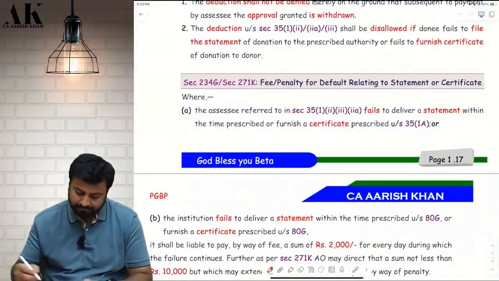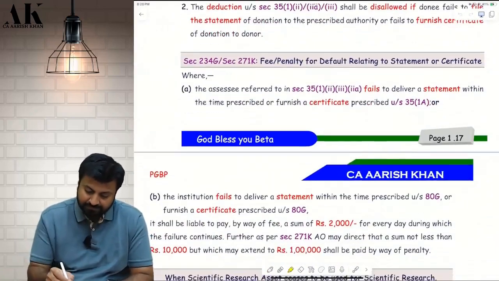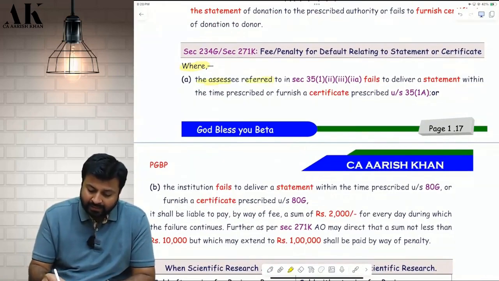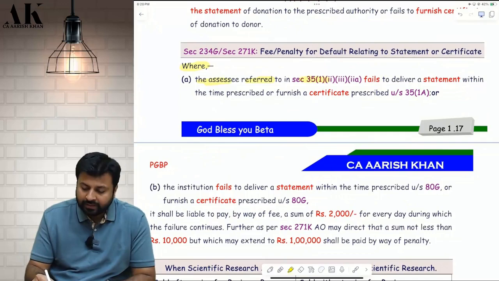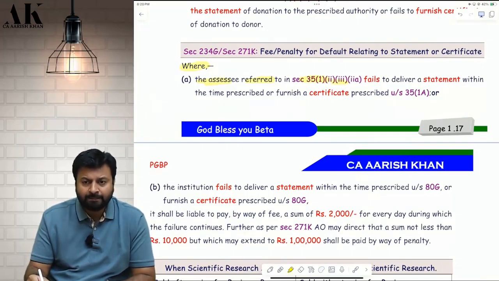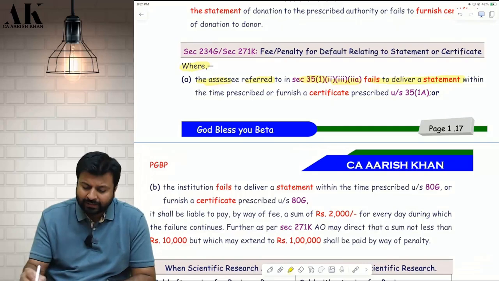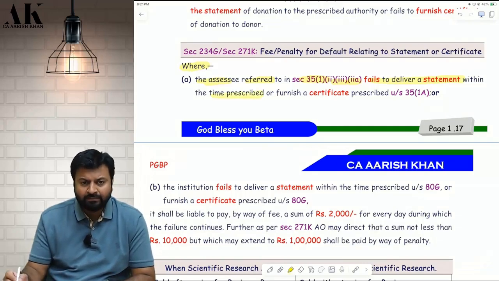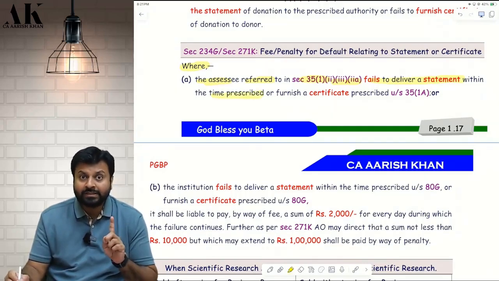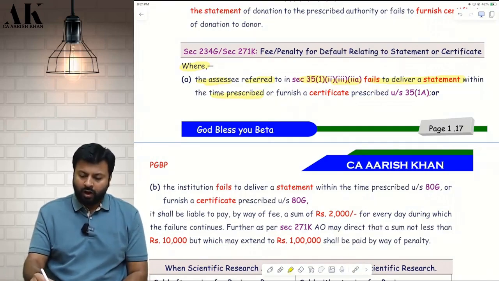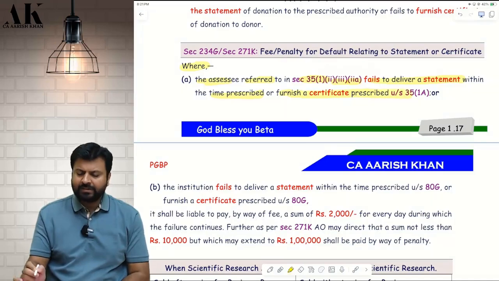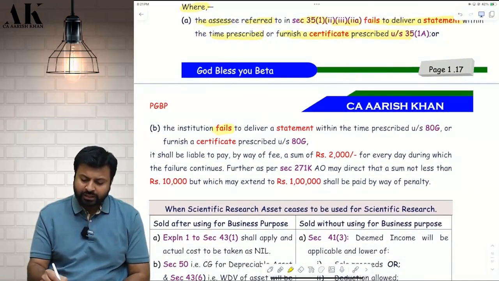Come here, let's read. Where the assessee referred to in 35(1)(ii), (iii), 35(2AA) fails to deliver a statement within the time prescribed, or fails to furnish a certificate prescribed, or the institution fails to deliver a statement or certificate prescribed under ATG.